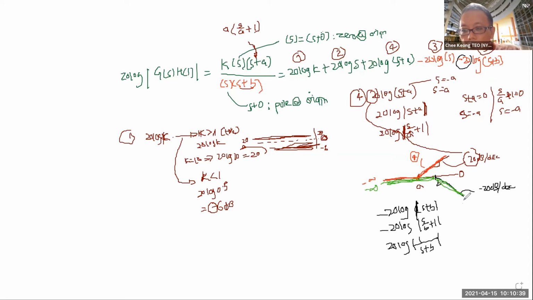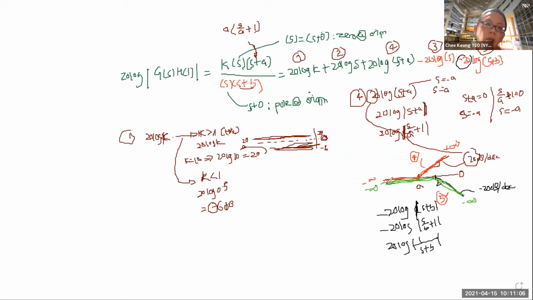Of course, this goes to negative infinity, and likewise just now that one goes to positive infinity. So that is Form 5. This is Form 4 and Form 5.